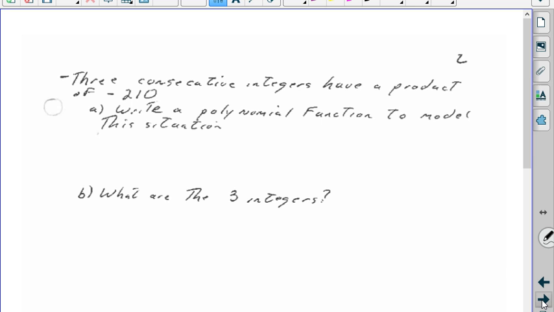If I said x is going to be equal to an integer, how would you write down a consecutive integer? So, x plus 1 and x plus 2 would be the next two consecutive integers.